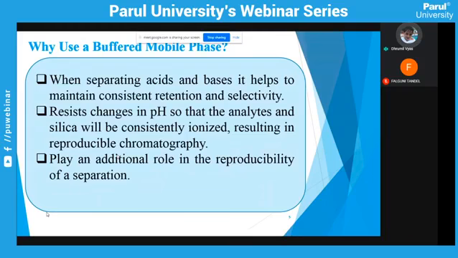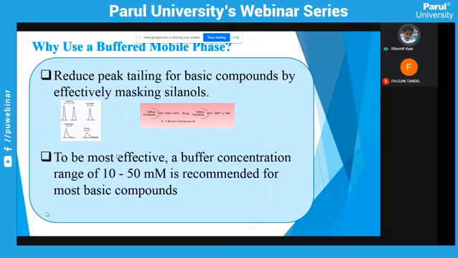So if I change the slide, you are able to see what tailing is. Here in the first picture, the fifth peak is showing too much tailing, while the first three peaks are very sharp, and the last two peaks are showing tailing.